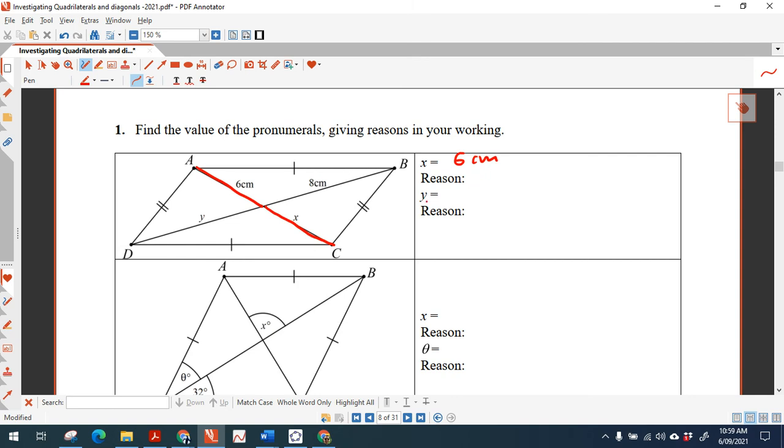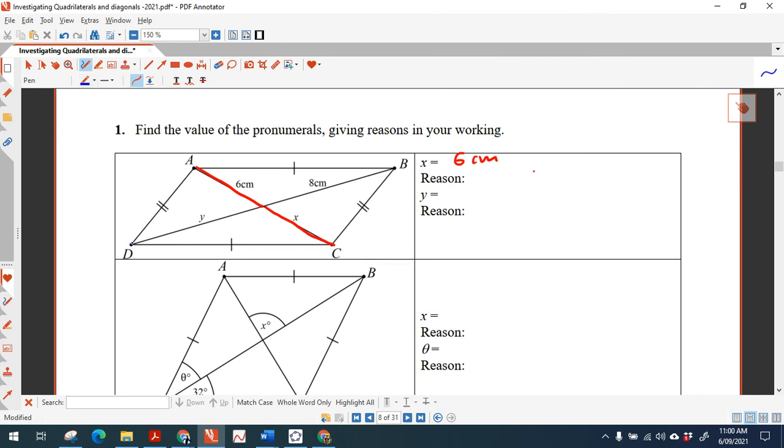Now I haven't left you enough room here for the reason, so to make it easier, let's do the other one now, and then we'll put the reason at the end, because it's the same reason for both.